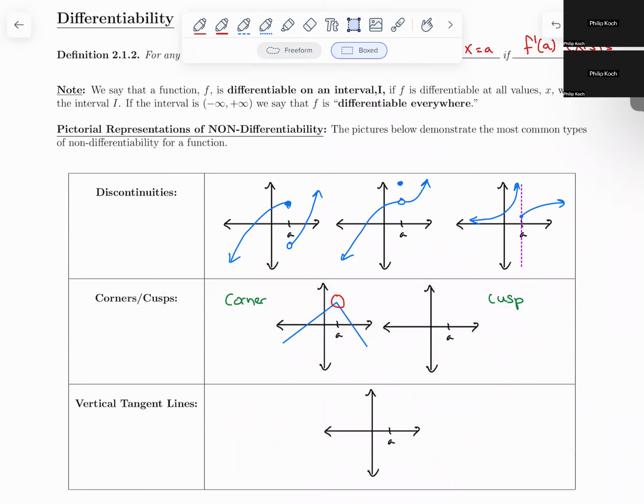Like, so it comes to that point, but I think you're saying that because the left approaches negative infinity and the right approaches infinity is what defines the cusp? Is that not right? Yeah.